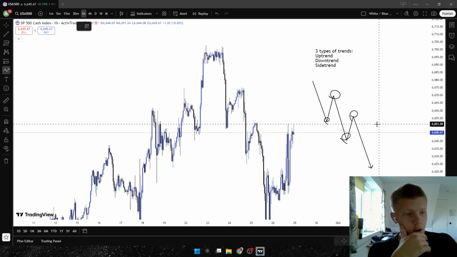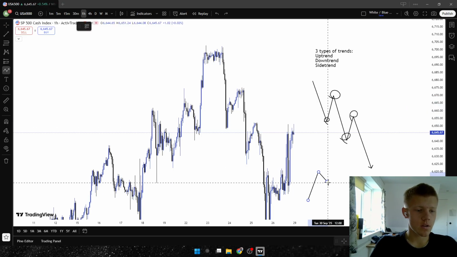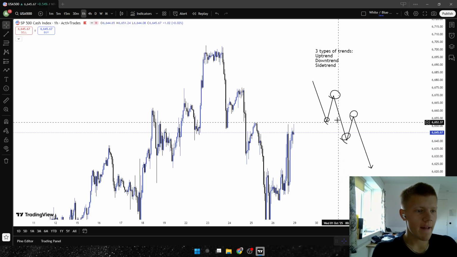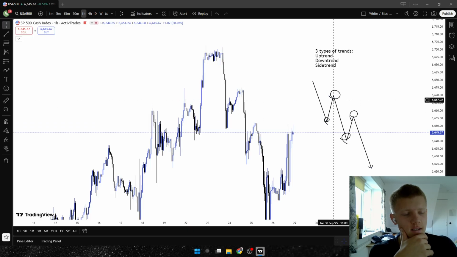So, an uptrend is built off of higher highs, higher lows, higher highs, higher lows. A downtrend is built off of lower lows, lower highs, lower lows, lower highs.